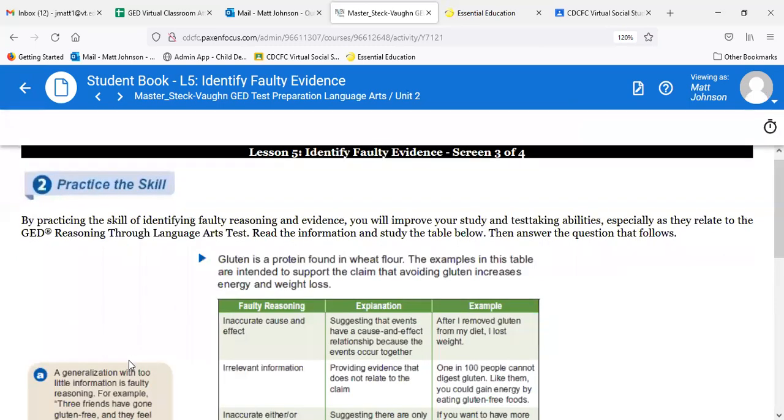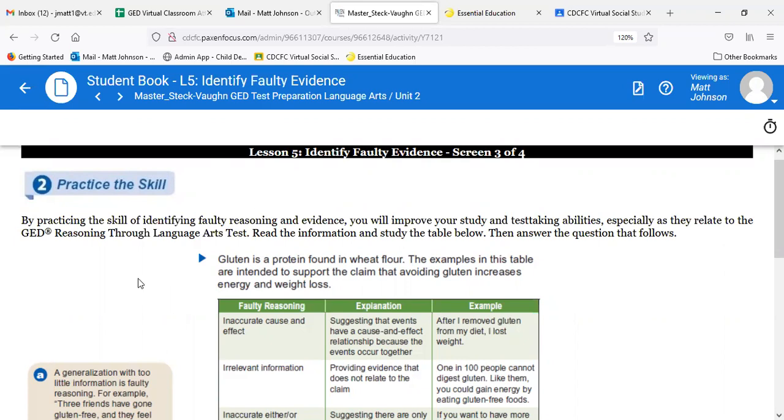So we're looking at this from the point of view of gluten, which still today, even like 7-8 years ago when this was written, was a hot topic, and you still hear quite a bit about it. Gluten's a protein found in wheat flour. Examples in this table are intended to support the claim that avoiding gluten increases energy and weight loss.